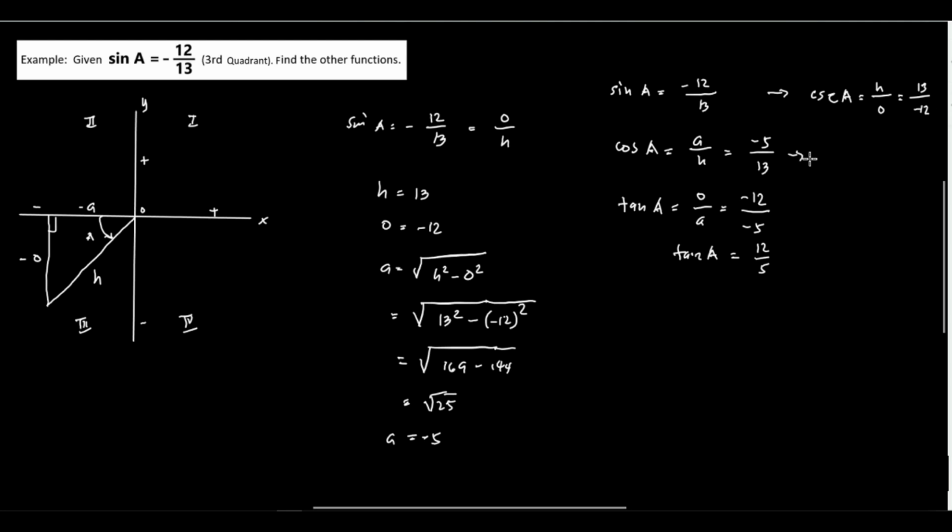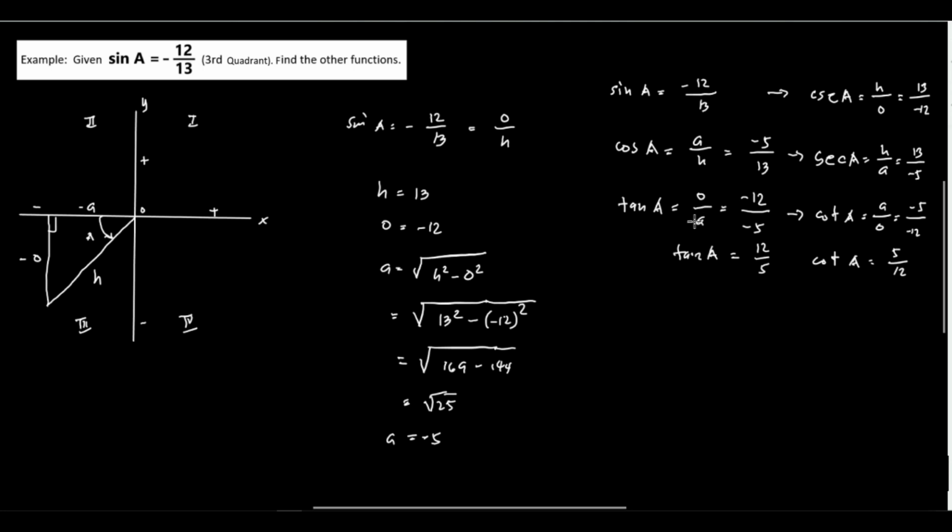And the reciprocal of cosine A, that's secant A, and it is H over A, and H is 13 and A is negative 5. And the reciprocal of tangent A, that's cotangent A, and it is A over O, or negative 5 all over negative 12, and it is 5 over 12, and that's cotangent A.